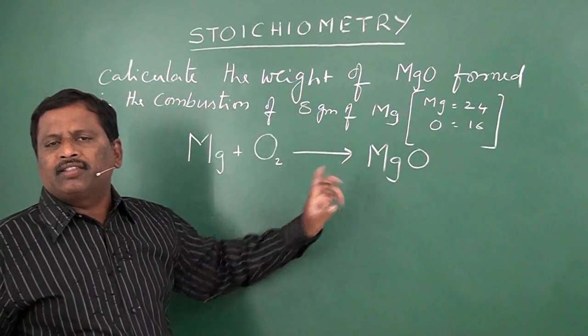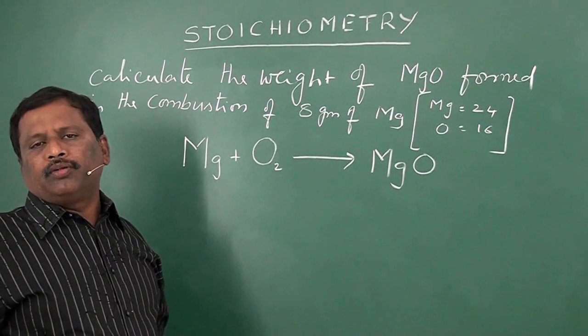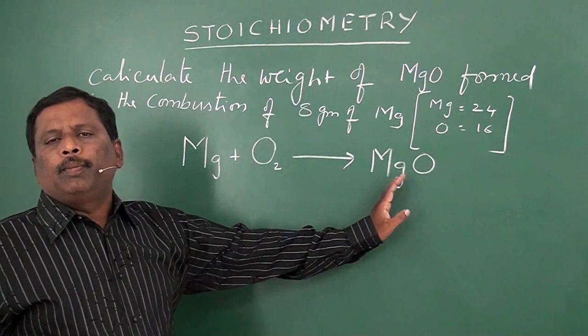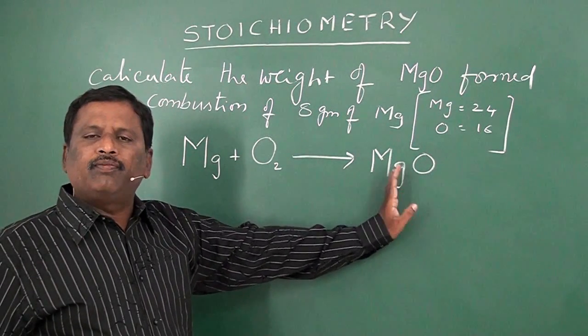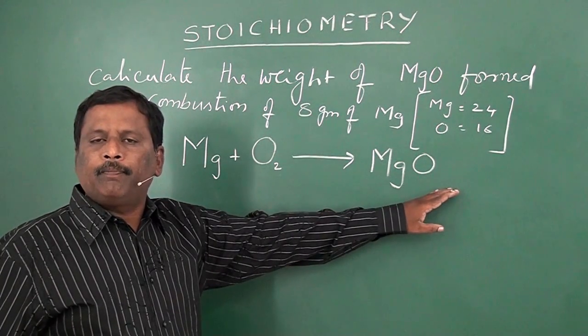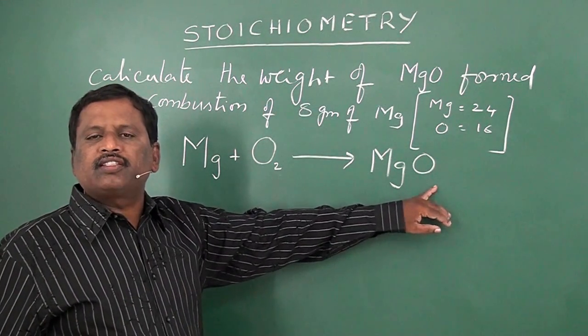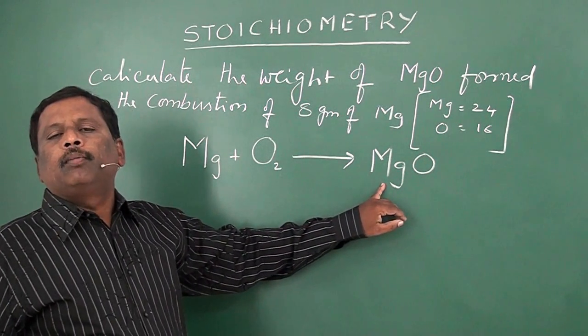While balancing, you should not change the composition of the compound. So simply for balancing, you should not put 2 under O, because if it becomes MgO2, that compound does not exist. So to balance oxygens, the way is to change the coefficient before the molecule.